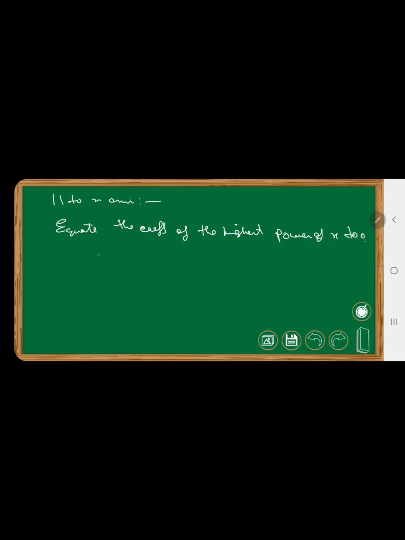What I mean is that, suppose you have an equation, say y square x square minus 9x square is equals to 0. So y square is the coefficient of x square and 9 is the coefficient of x square, and 2 is the highest power of x. So you need to equate y square minus 9 to 0, and you get y is equals to plus minus 3. So these are the asymptotes which are parallel to x-axis.